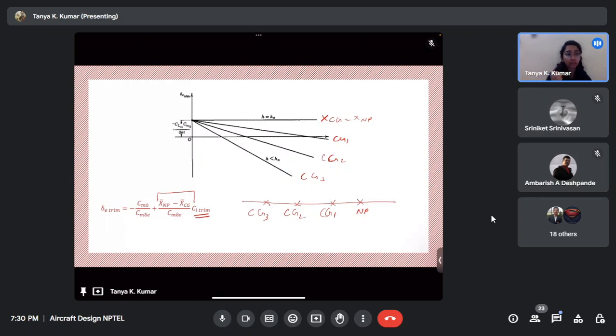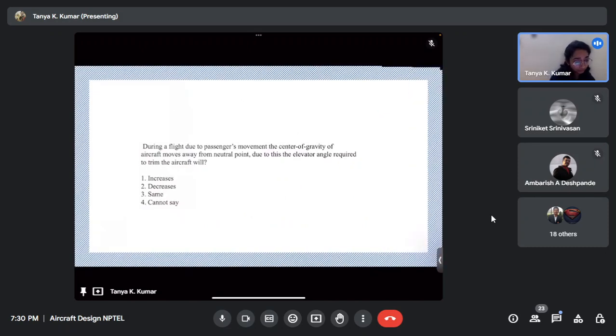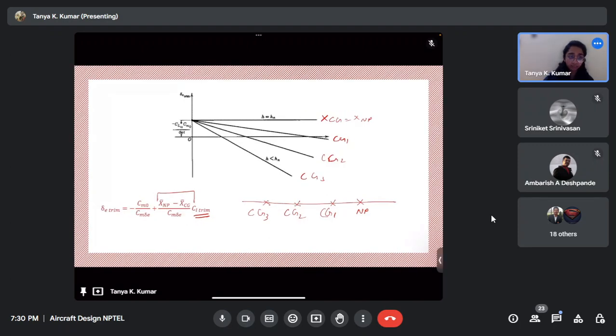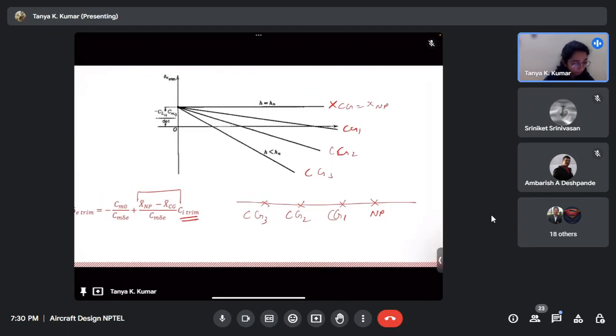Okay, so now look at the question. It says, during a flight, due to passengers movement, the CG moves away from neutral point, right? So just look at the question carefully. We'll go back to the graph. CG moves away from neutral point. Okay, so let's just presume the first CG was CG1.